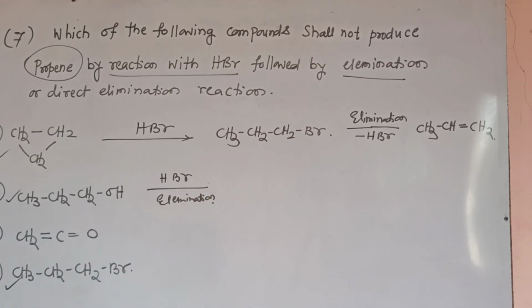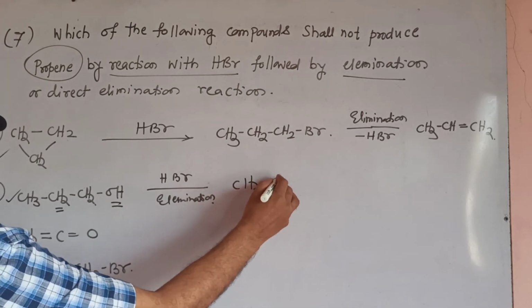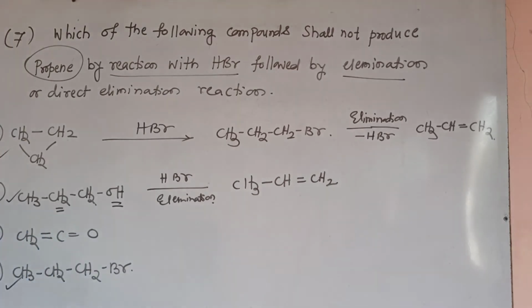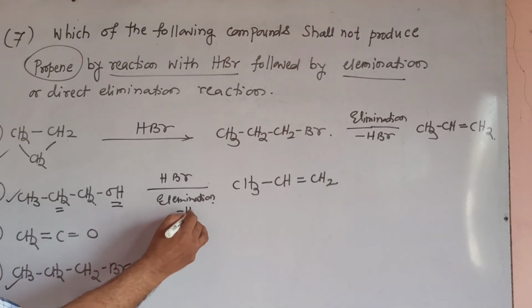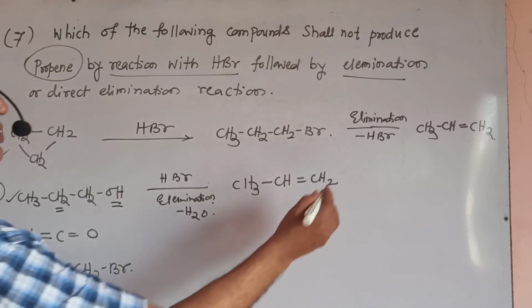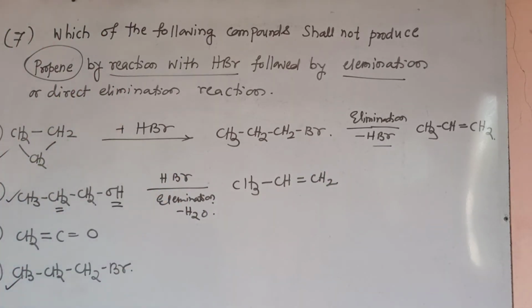In this elimination reaction, this OH and this H are converted into CH3 CH double bond CH2, minus H2O takes place. Elimination of water. Here elimination of HBr. Here addition of HBr. What about this? The reaction does not take place.